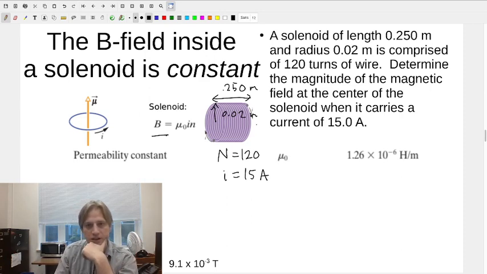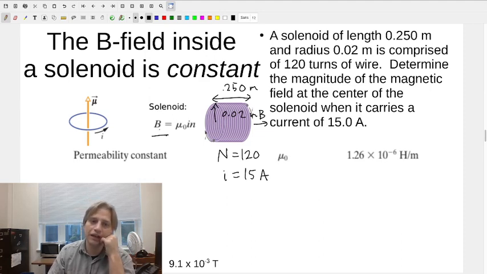So in this case, the magnetic field would be pointing to the right inside of that solenoid. The other thing to realize is that for the magnetic field inside of a solenoid, the area is not in the formula anywhere. The internal magnetic field is presumed to be essentially constant, all in the same direction, and it only depends on the current and the number of turns per unit length.